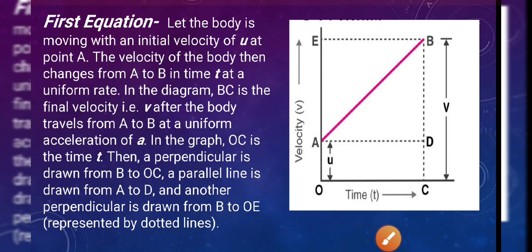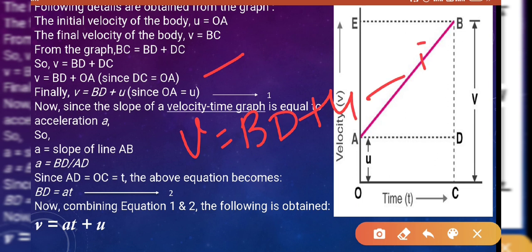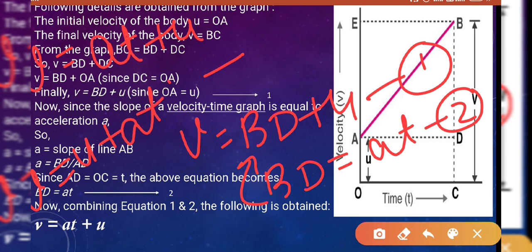From equation number 1 and equation number 2: equation number 1 is v equals BD plus u, equation number 2 is BD equals at. So we can put the value of BD from equation number 2 in equation number 1, then we will get v is equal to at plus u, or we can write v is equal to u plus at.